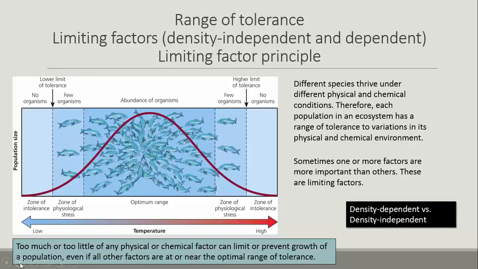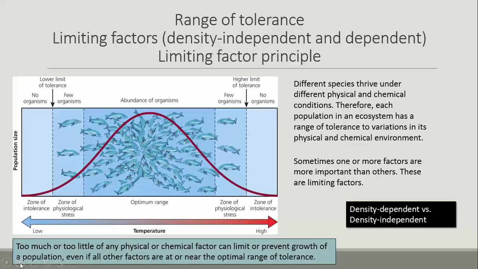Taking a look at density dependent and density independent factors when it comes to looking at populations. Population limiting factors, like we just talked about, a lot of them can be purely the result of the size of the population itself. And this is something we need to think about when we start thinking about the human population. For example, in many populations of species in nature, birth and death rates are certainly influenced by the density of the population.